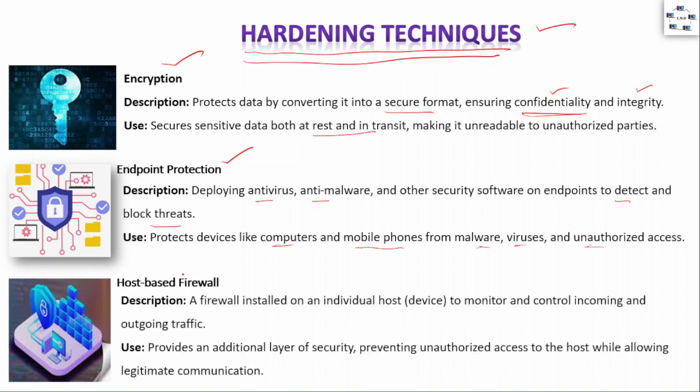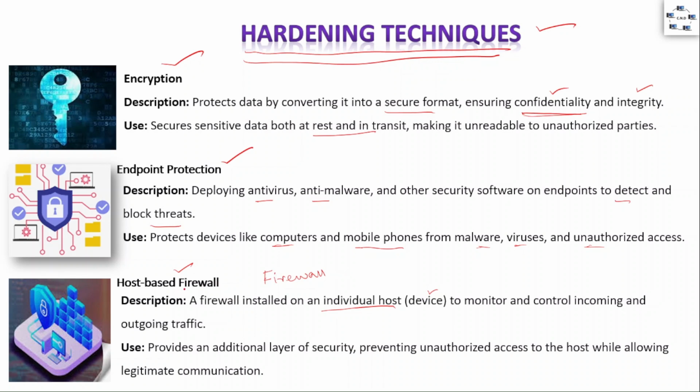The next hardening technique is using a host-based firewall. It is a firewall installed on an individual host or device to monitor and control incoming and outgoing traffic. When we use simply the term firewall, we are basically referring to the hardware firewall that is used to protect or monitor the whole network.